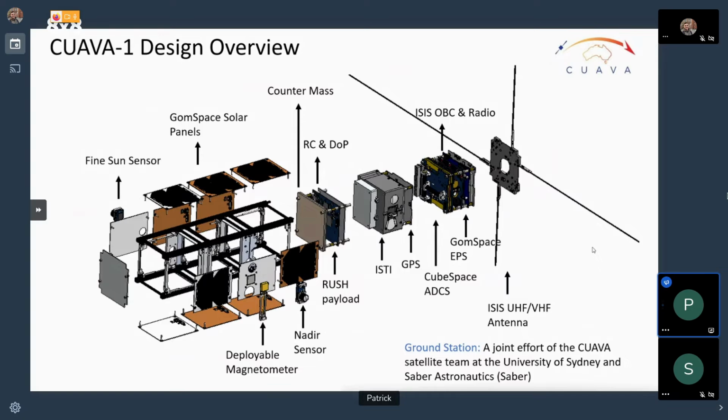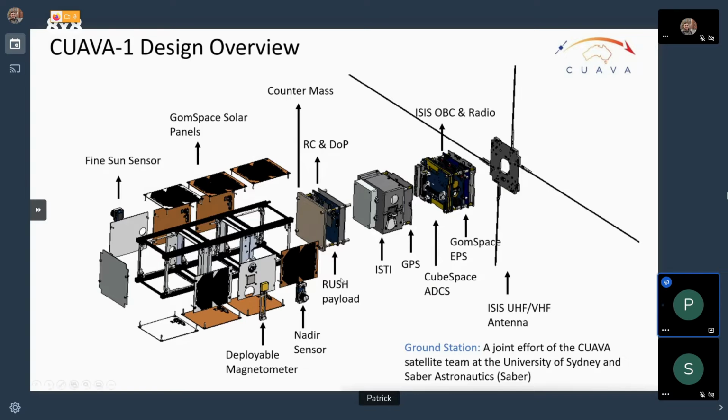And then our payloads, here a GPS receiver from the UNSW, and ISTI, that's a combined payload doing hyperspectral imaging, and there's a little telemetry experiment on it as well. That's a telescope.